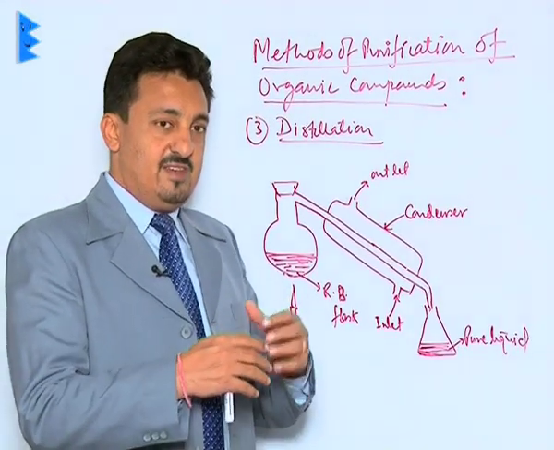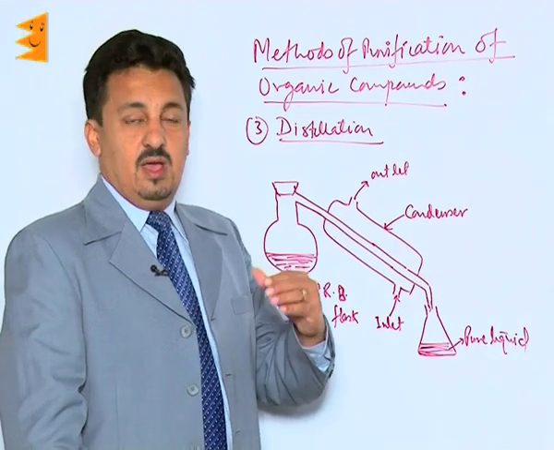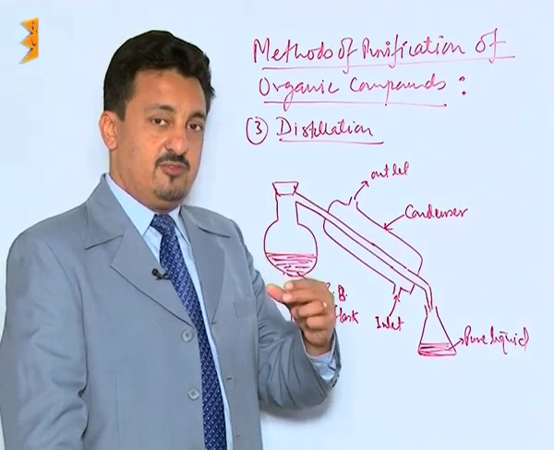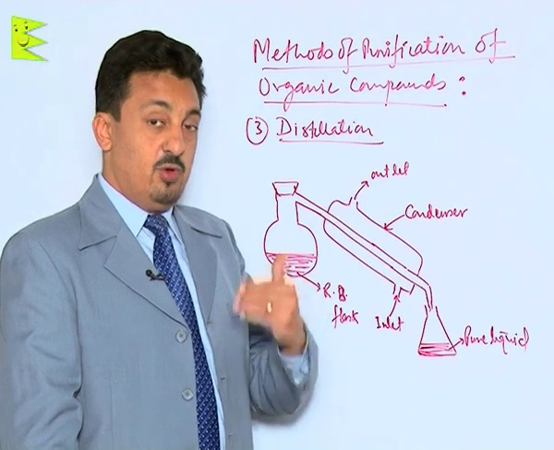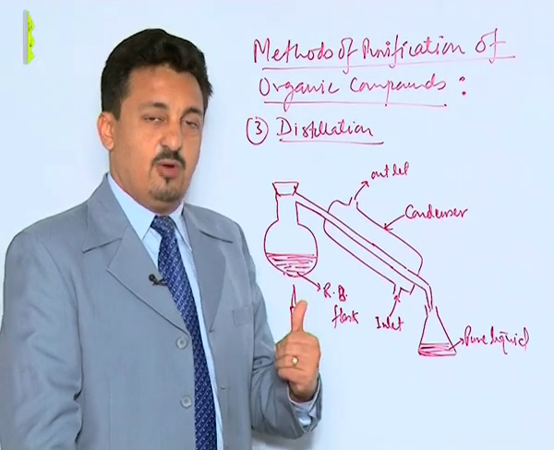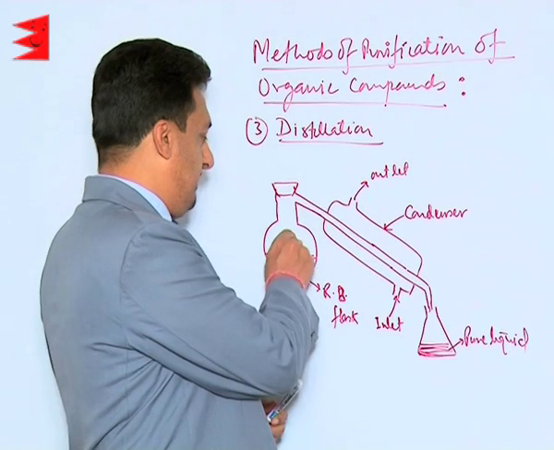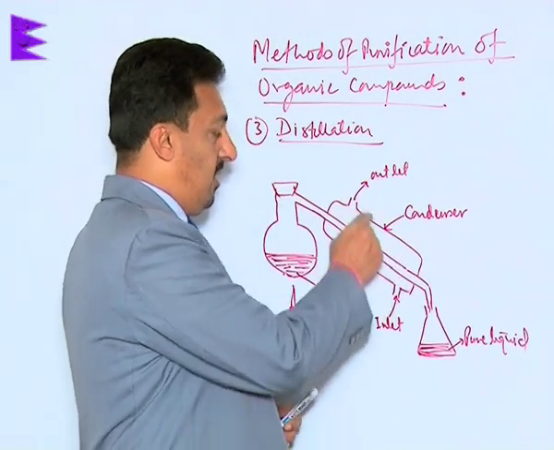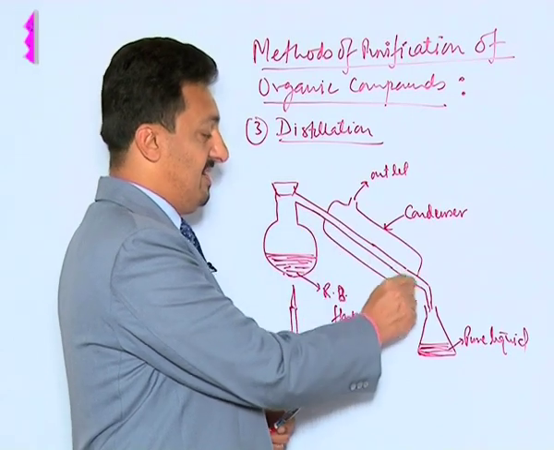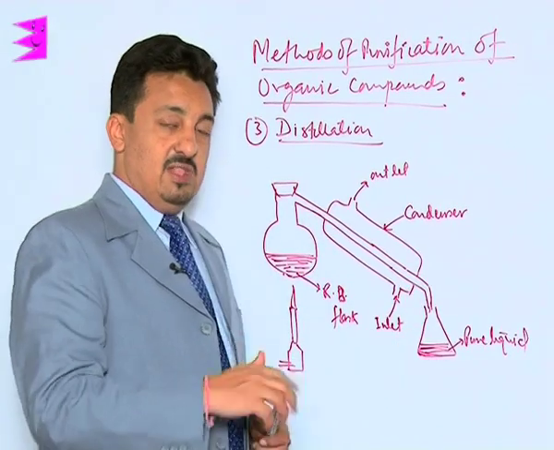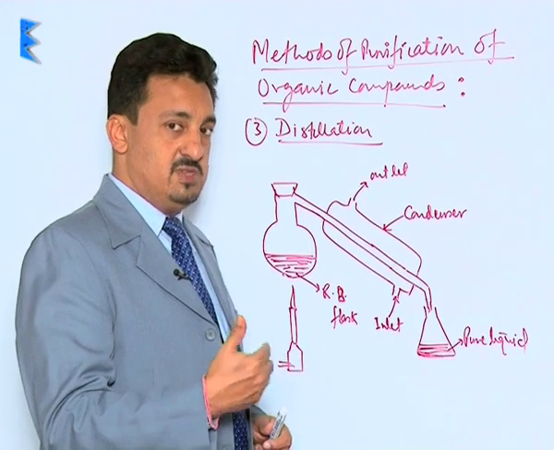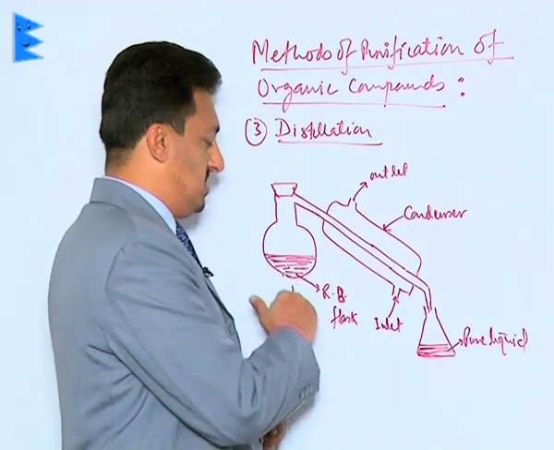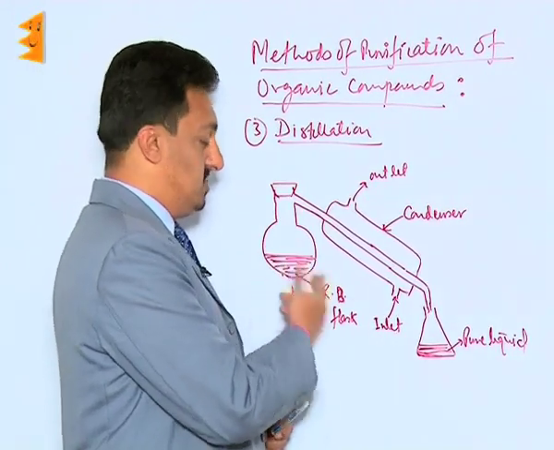So the solution is heated at a temperature in between the boiling points of the two liquids, so that the more volatile one, with the lower boiling point, changes into its vapor state and gets separated out. By using the condenser with running water, its vapors easily get condensed and are separated out, and the one with the higher boiling point, which is less volatile, remains in the round bottom flask which we are heating.